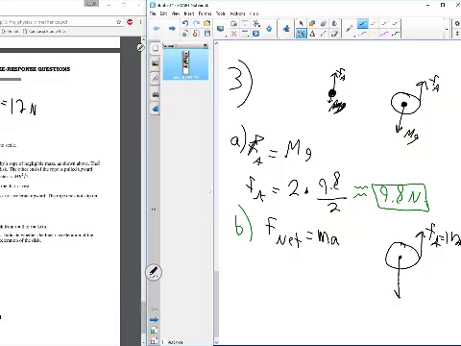Now, please be mindful that your mg is not perpendicular to the circle or object at hand. Because of that, it's not going to be included in torque.